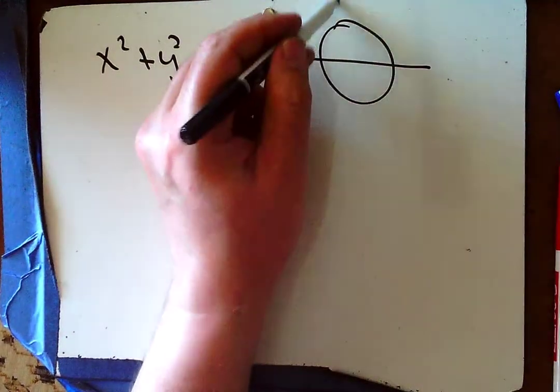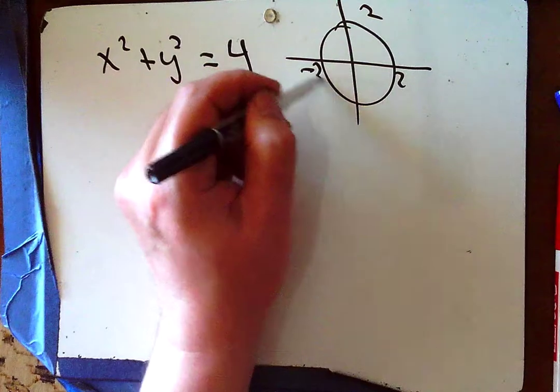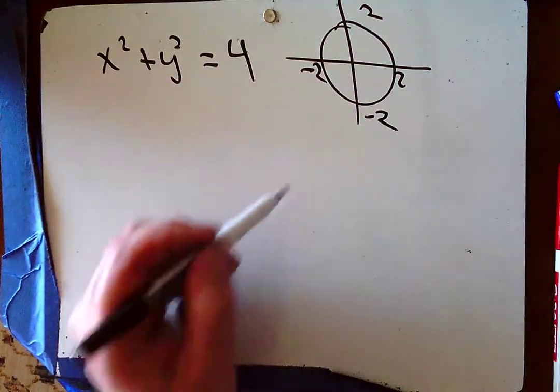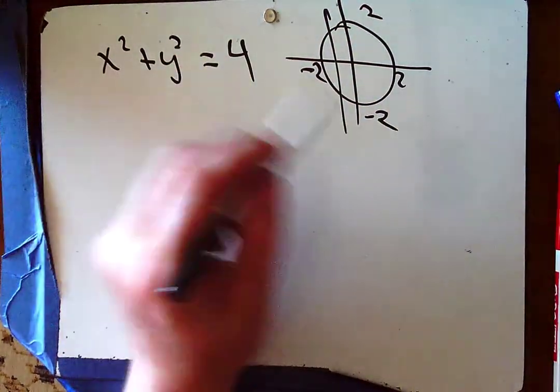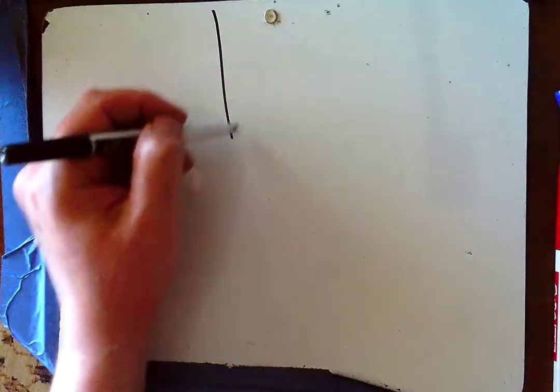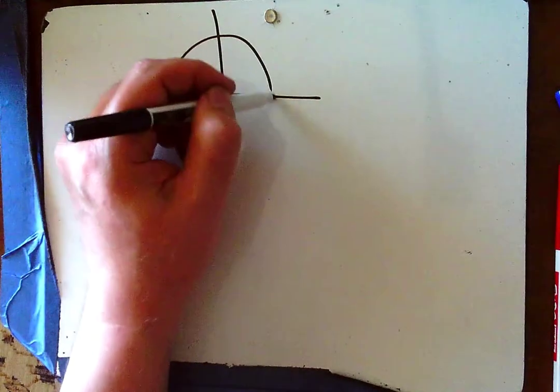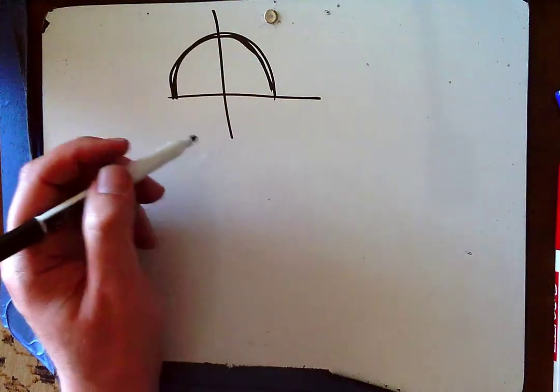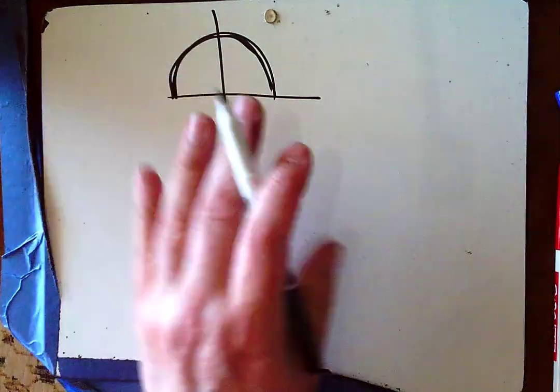This is a circle with a radius of 2. Fails the vertical line test, not a function. Can't use my transformations. But as we saw earlier, yeah, I can do a semicircle. I can do half of a circle. That's a function, so my transformations will work on that.